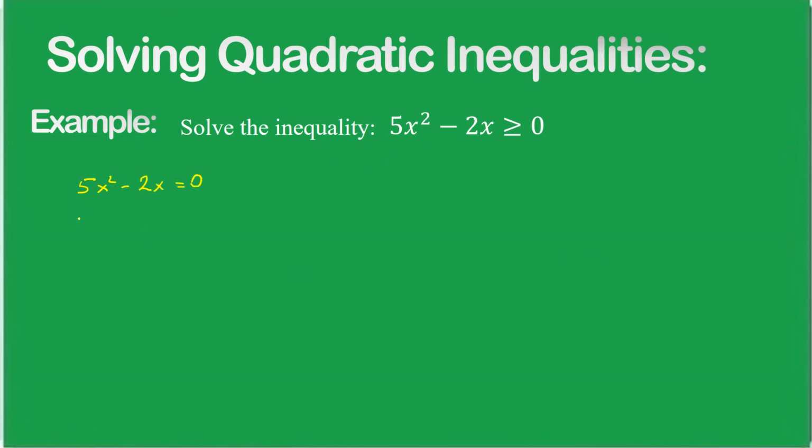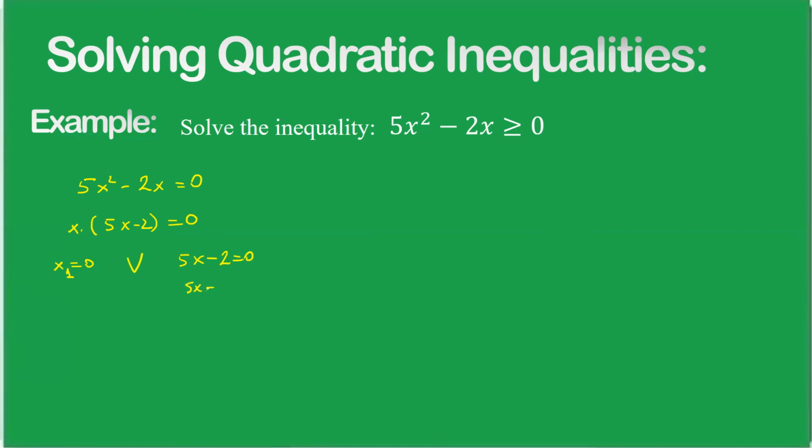Let's factorize with x here. So x times 5x minus 2 equals 0. Then x is equal to 0, or 5x minus 2 is 0. This one is actually clear. This one is the first root.